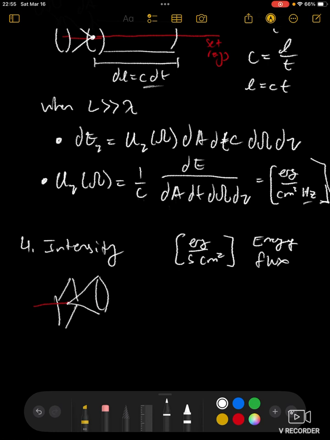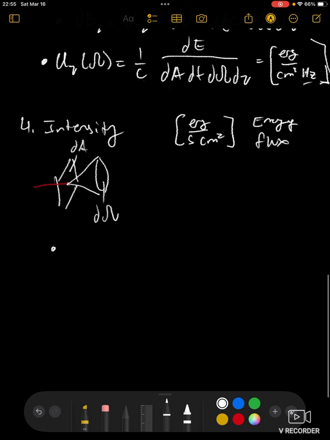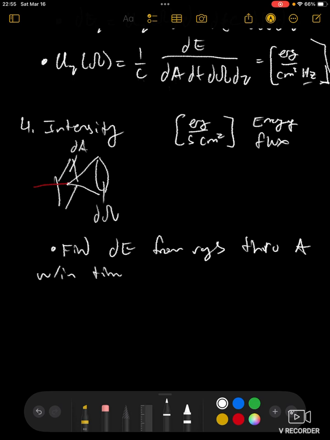I want to take this solid angle, dA, the solid angle right here, and we want to find the energy going through here, because as we talked about in the first video, a lot of radiation is just a change of energy from rays, so energy is going to be the key term we need, through the area within a time t, and we want that frequency in there, nu.